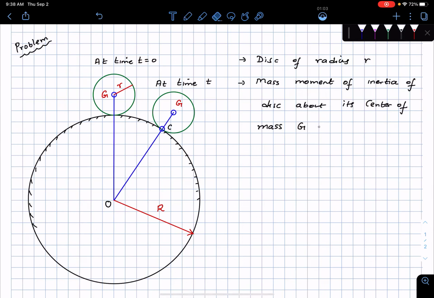Okay, so this is given to us as I suffix G is mr square divided by 2. Okay, so I'm assuming that this is a solid circular disk. Okay, and the mass of this disk is obviously little m.